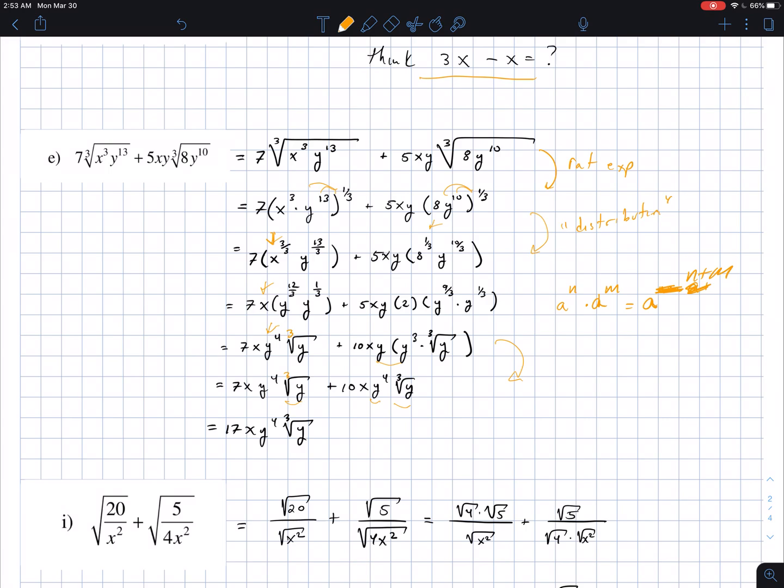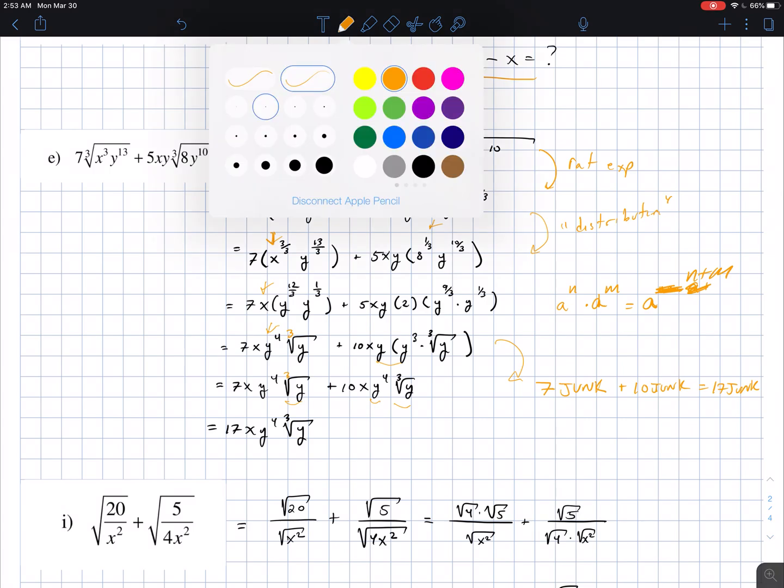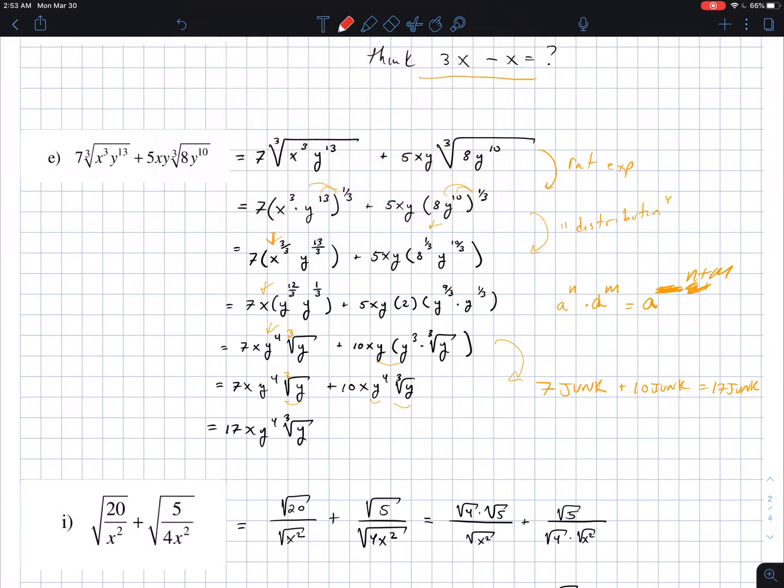So now that they have the same beast, it's basically like saying 7 big junk plus 10 big junk is equal to 17 junk. And that's exactly what we did. We just took what we had and added them together, because we're thinking about this whole thing as junk.